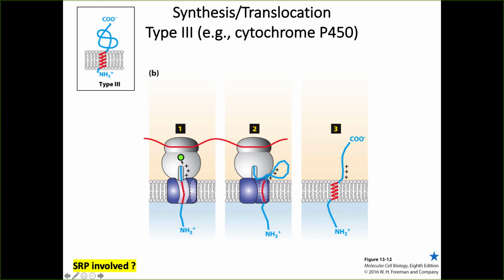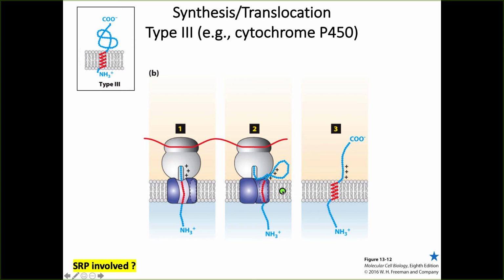You can see that in this position, you have the N-terminal sequence that is being made. Then you have an internal stop transfer sequence right here. This stop transfer sequence is going to be bound by the SRP, and that's going to be transferred into the translocon. From here, it's going to be moved into the cytoplasm right here.